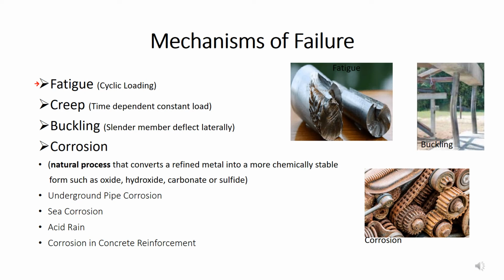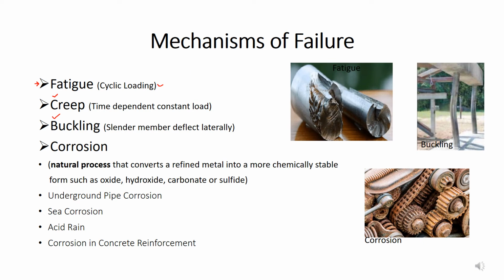If an external stimulus is there and that external stimulus is cyclic in nature, then that leads to the fatigue failure. Then there is creep. Meaning if there is a time dependent constant load, if you have a component that has been subjected to a constant load for a longer period of time, then that component can fail. Then there is buckling.